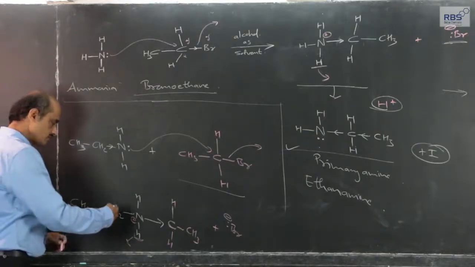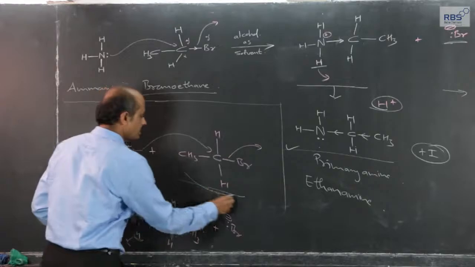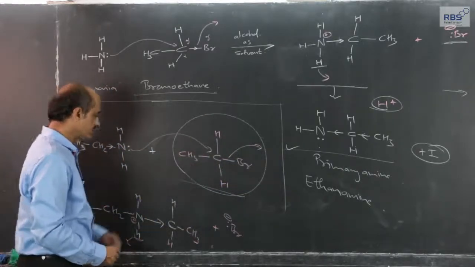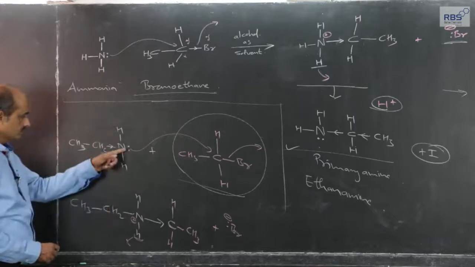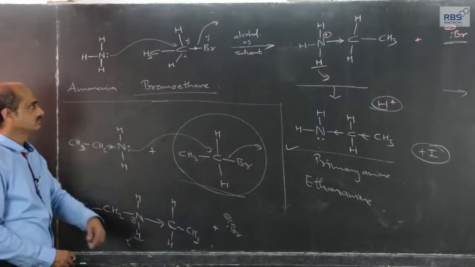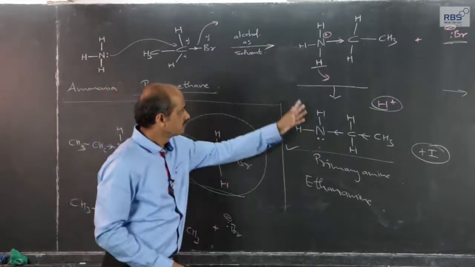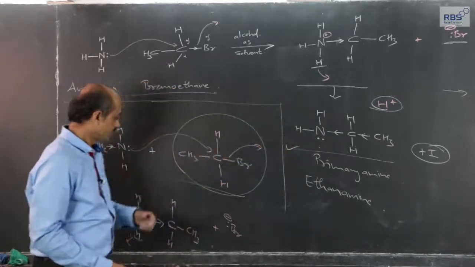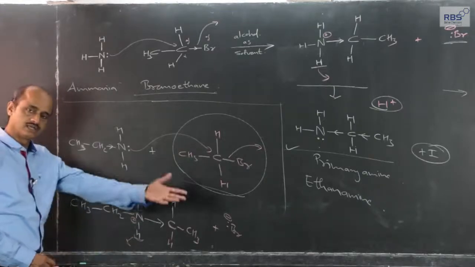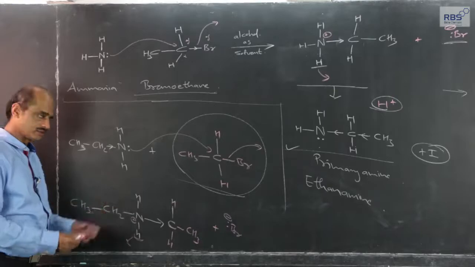So, this is the way in which, as long as ethyl bromide in this specific case, or alkyl halide in general, is present, and as long as the lone pair and hydrogen atoms are present, it will continue to develop primary amine, secondary amine after removal of this hydrogen, and ultimately tertiary amine; we get a mixture.